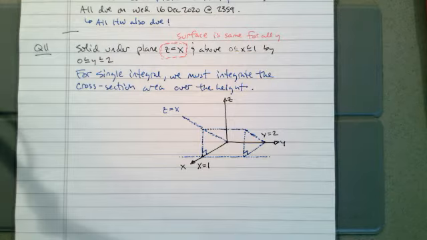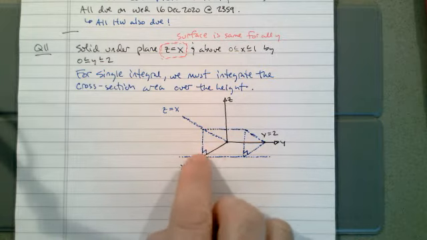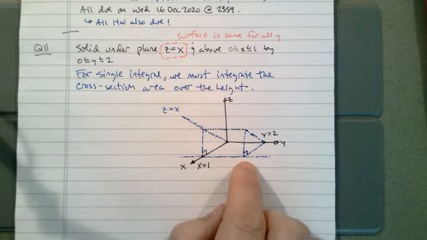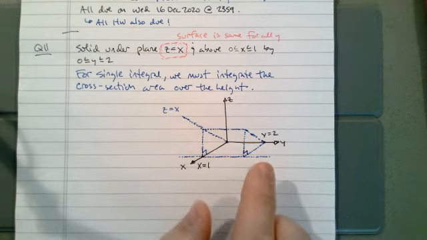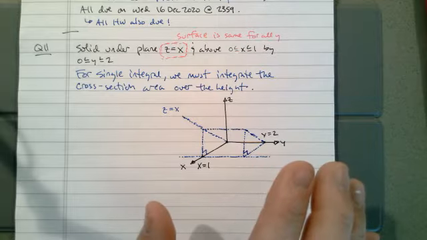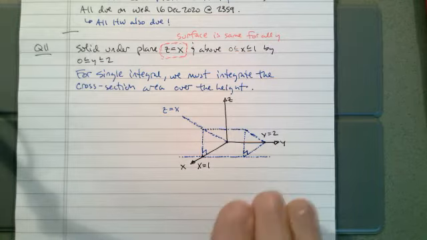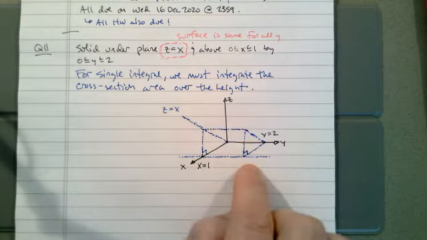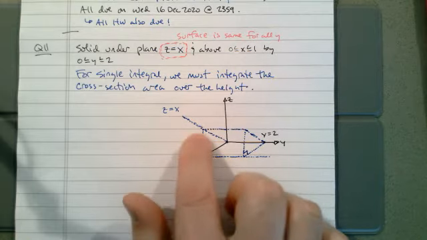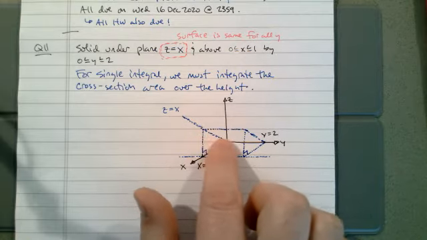Notice that in the y direction, the cross-sectional area is always this same triangle.